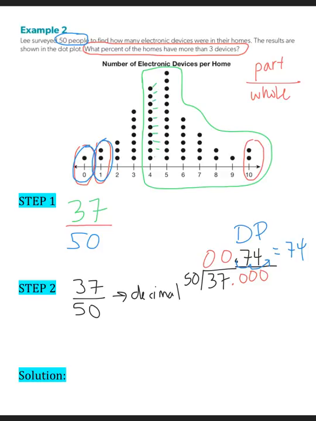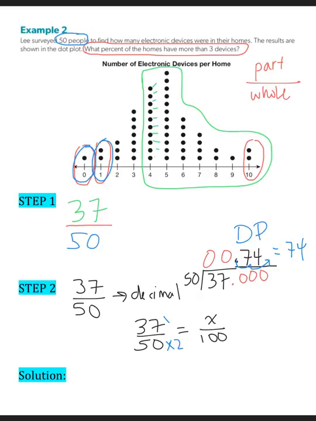Now, that's one way of converting a fraction into a percent, or some of you guys like to use the proportion method, where you use the percent proportion and you make a proportion equal to 100, because we know that all percents are out of 100. And then you can either cross multiply here, or you can use what you know about equivalent fractions. So if I ask myself, what do I have to multiply 50 by in order to get 100? Most of you guys know that that's 2. We have to multiply 50 by 2 in order to get 100.